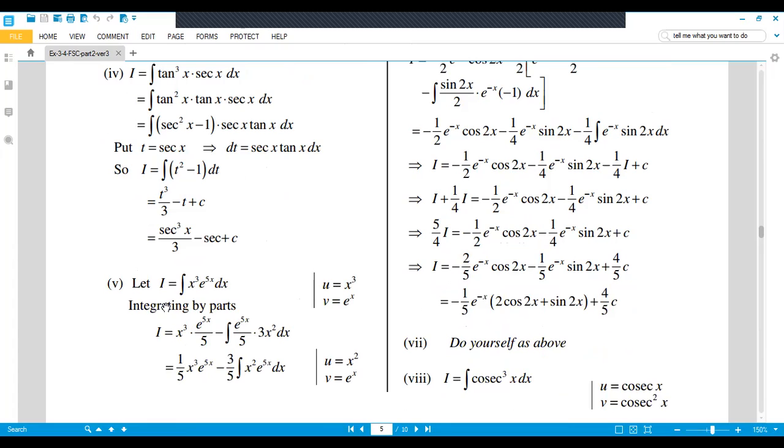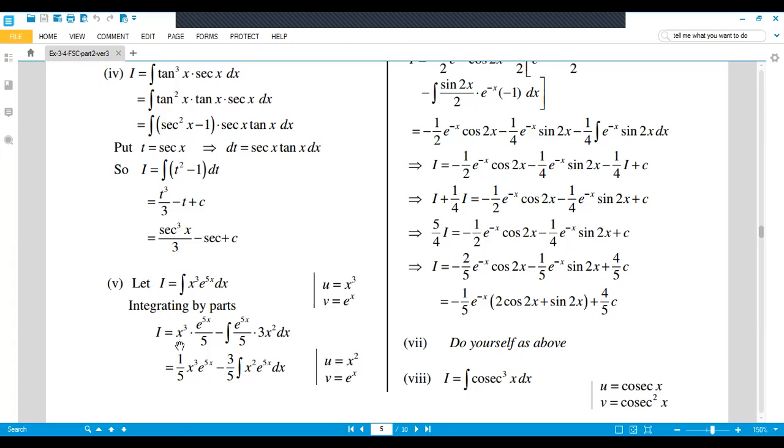Number 5 part, if you check, you have been given x cube e power 5x dx. Again, two values are given in the form of a product, and an integral is given, so we solve it by integration by parts. I told you that when you have a variable and an exponential function or trigonometric function, always take the variable as the first term and the exponential function as the second term.